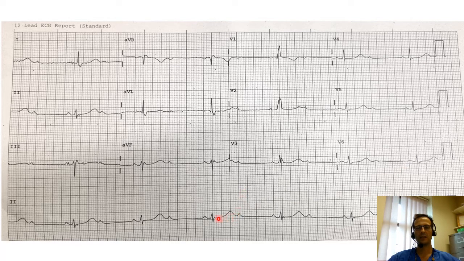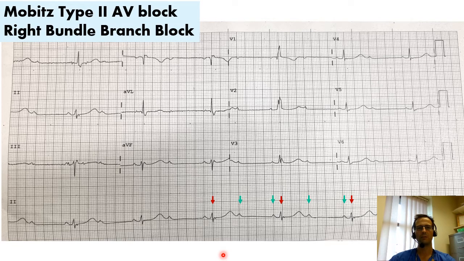And can we see our P waves nice and clearly? So we have two P waves to each QRS. So this is 2-to-1 heart block, or Mobitz type 2 AV block, and right bundle branch block with a normal axis. So this is an absolute indication for a pacemaker, even if it only occurs briefly, unless there's a reversible cause.